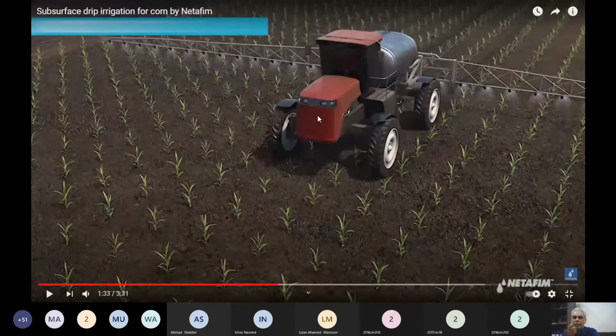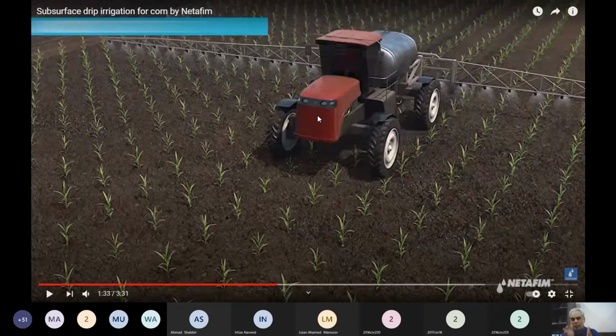An additional benefit of this subsurface irrigation, because you cannot see any ridges, embankments, levees, channels or furrows, is that the whole field is available for cultivation because they are using row crops.